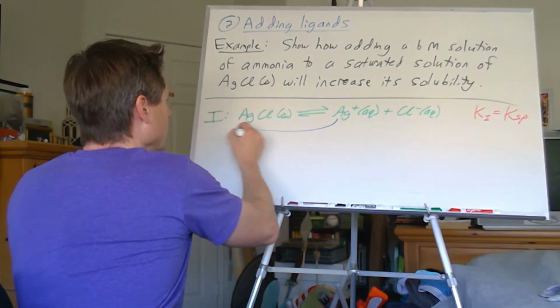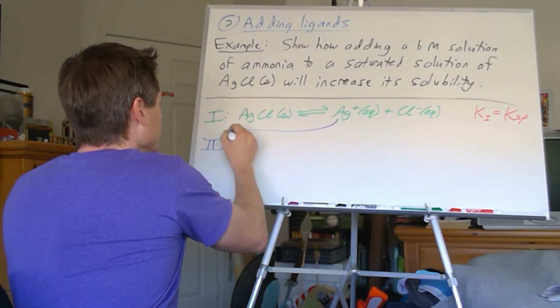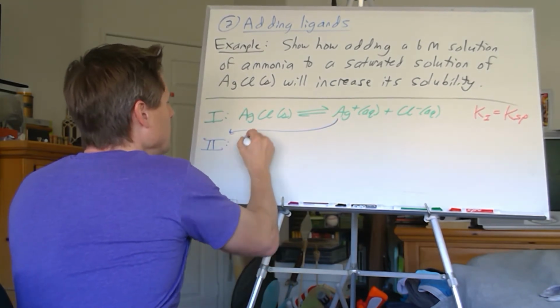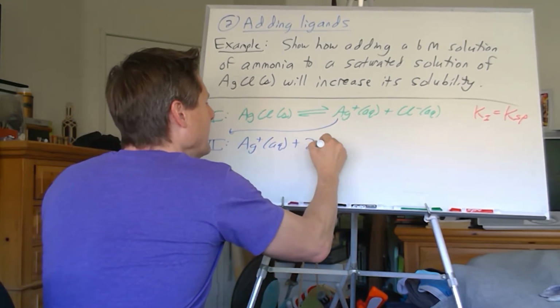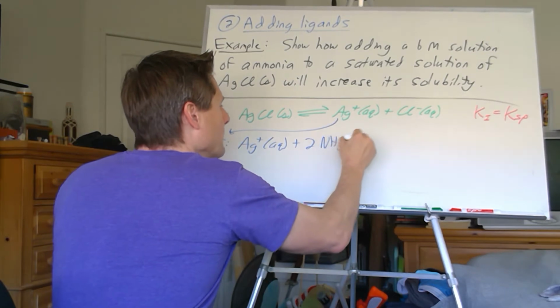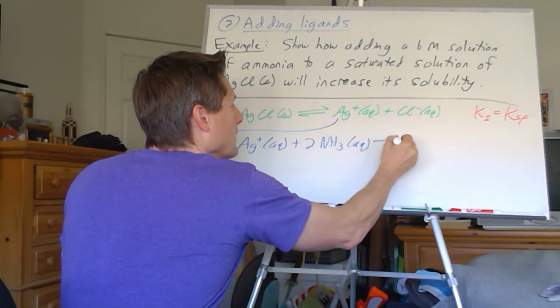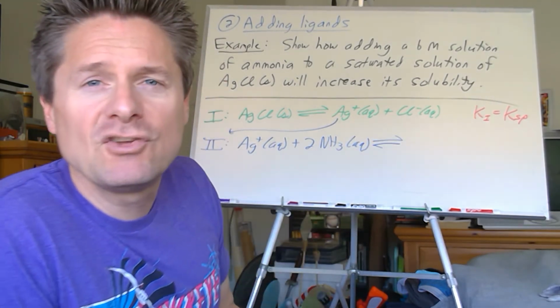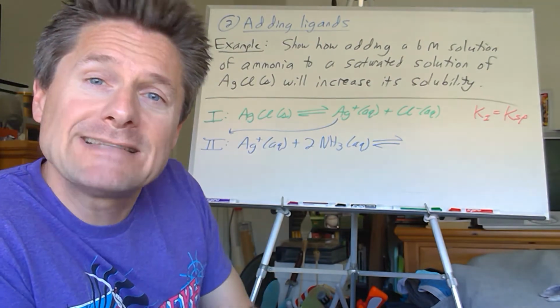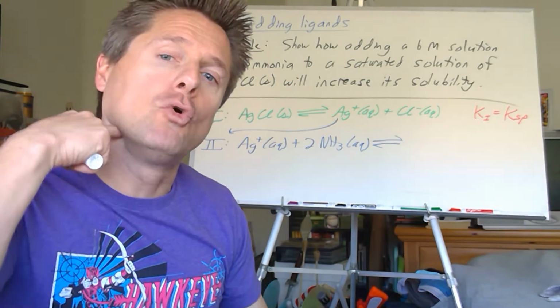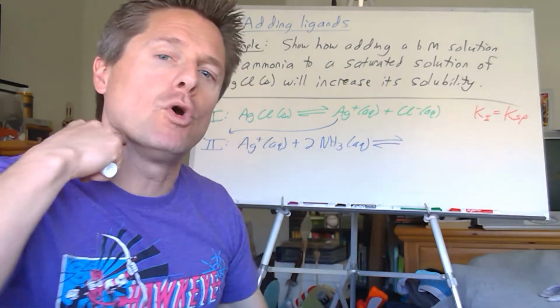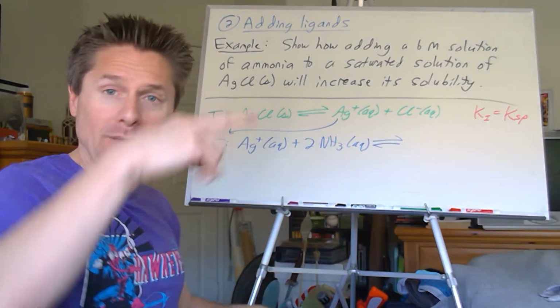So let's bring that silver down to equation 2. That silver ion is susceptible to attack by the ammonia. How do we know it's 2? We looked up the coordination number on that table. Ammonia is a monodentate ligand, one-tooth, so one on either side, forming a linear species.